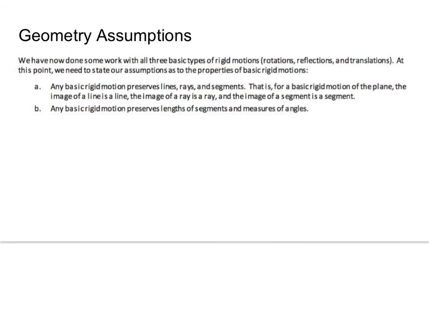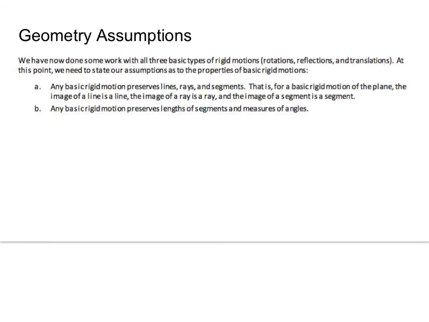Awesome. Okay, there are some geometry assumptions that we're going to make. We've now done some work with all three basic types of rigid motions: rotations, reflections, and translations. At this point, we need to state our assumptions as to the properties of basic rigid motions. Any basic rigid motion preserves lines, rays, and segments.